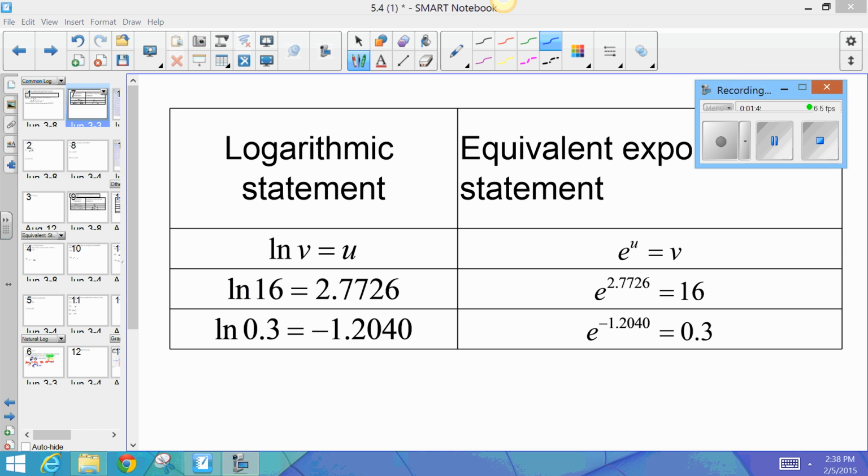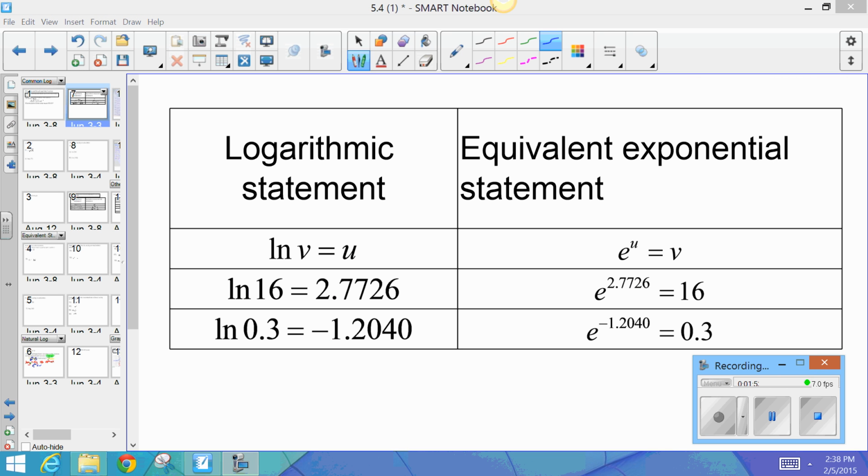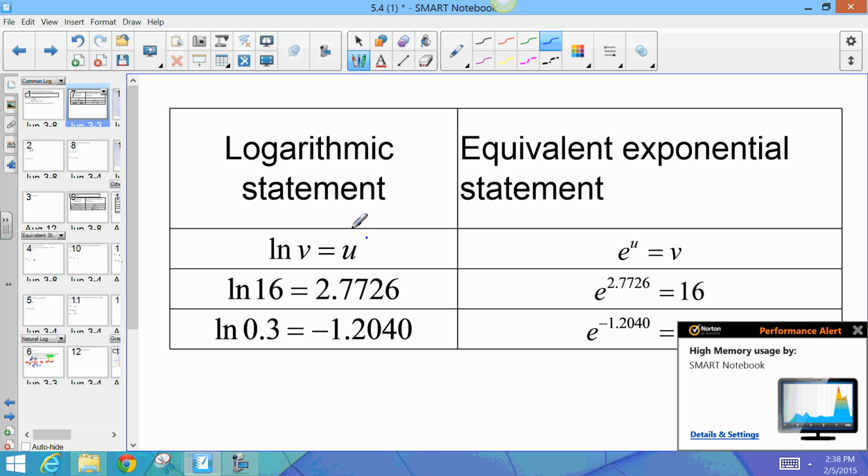So on this screen, we've got several statements using natural log and their equivalent statement. Again, e is the base anytime we've got the natural log, and this number ends up being the exponent, and then this number ends up being what it's equal to.